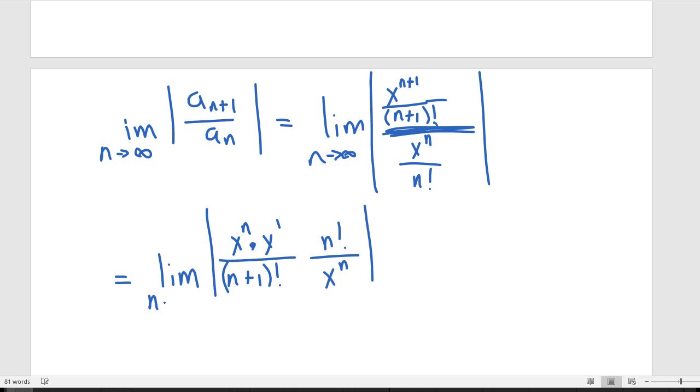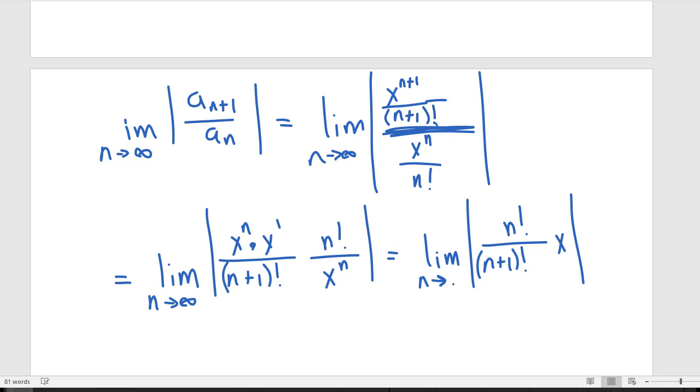And again, the advantage here is with the exponential term, the x to the n's are going to cancel out. And I basically have n factorial over n plus 1 factorial, x. Right? So the x to the n's canceled, and just the x to the first survives, if you will.